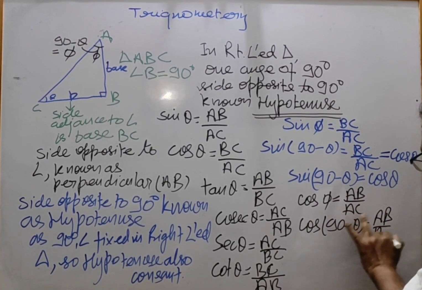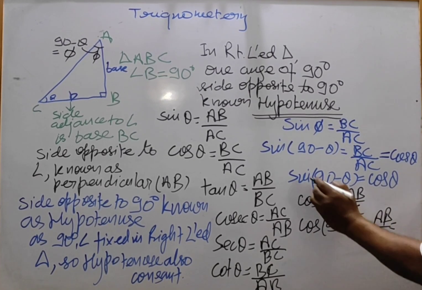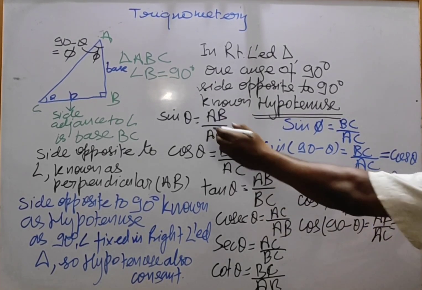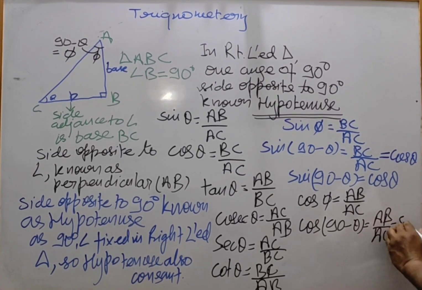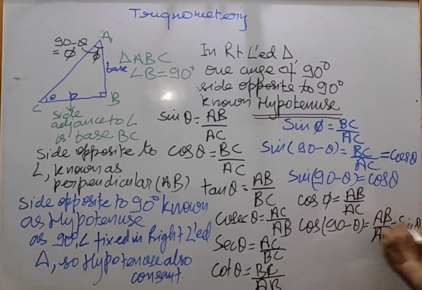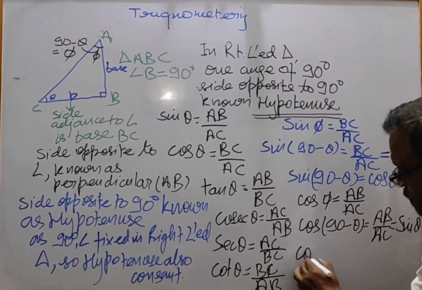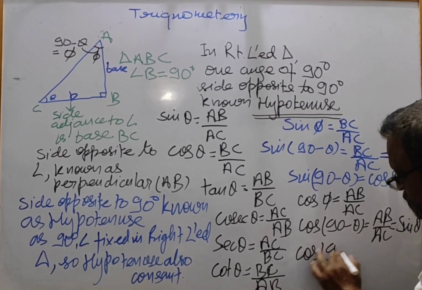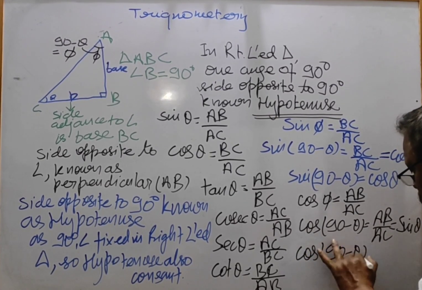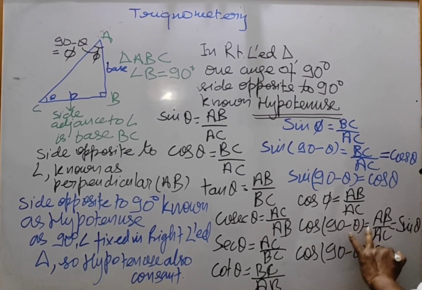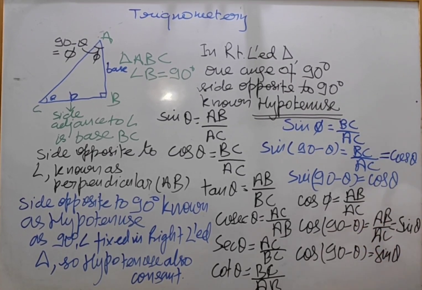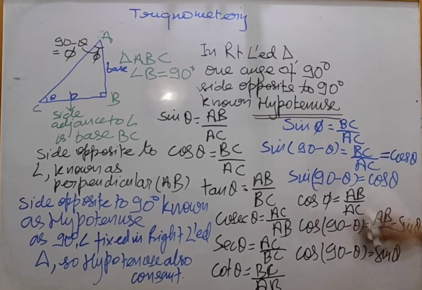So that is equal to so called sin theta. So we get cos 90 minus theta is equal to sin theta. I hope you understand this much better.